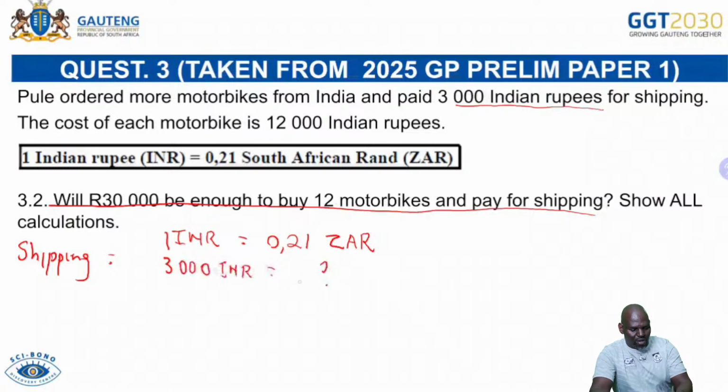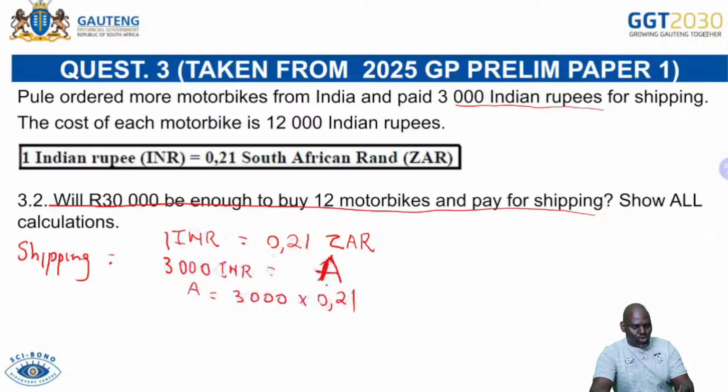So this one, I'm looking for the amount. I can just say A for the amount, then I cross multiply. The value of A will be equal to 3,000 multiplied by 0.21.